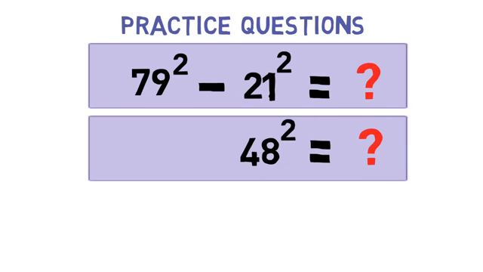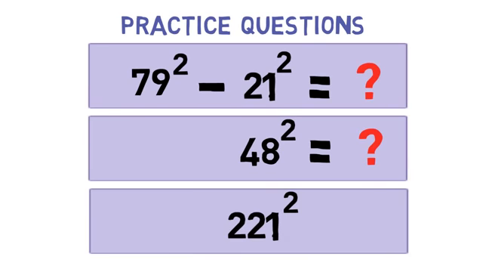Now the next one is 48². The hint is you need to solve this as (50 - 2)². And the third one is 221². And this is in the form of (A + B + C)², which means here you can figure out as (200 + 20 + 1)².